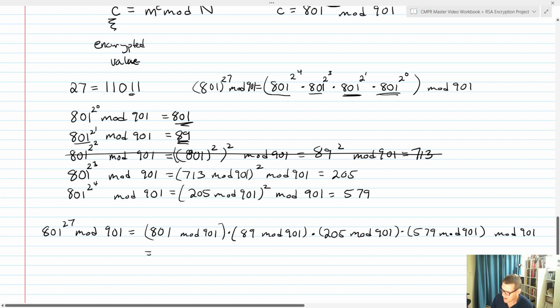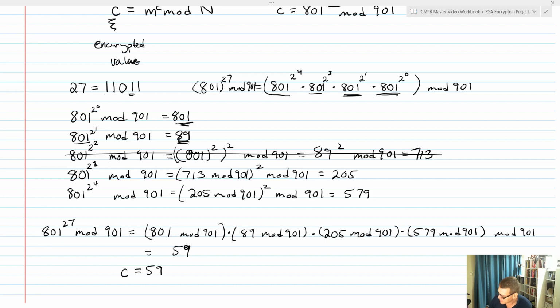And that ends up being our C1. So C equals 59. That is our encrypted value. And that's what gets sent over to the person who I am sending my code to.